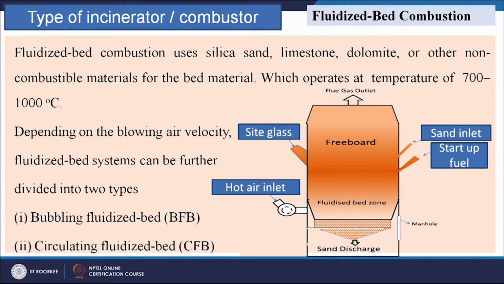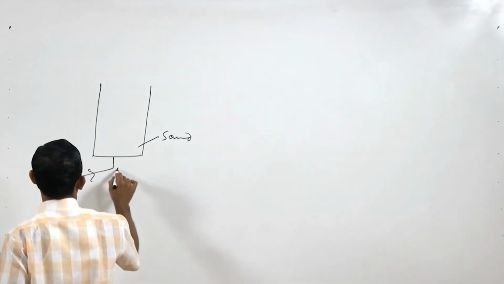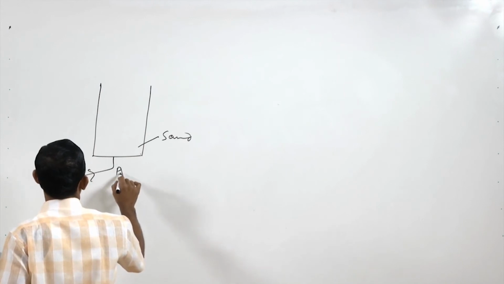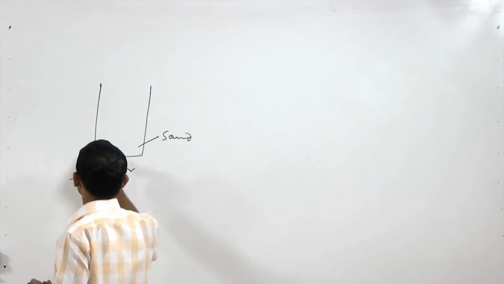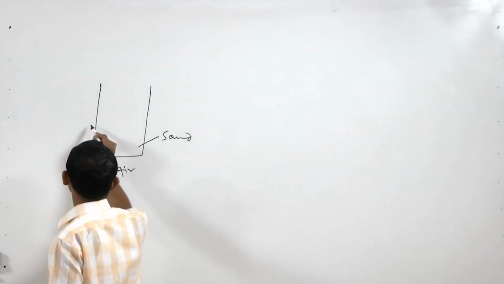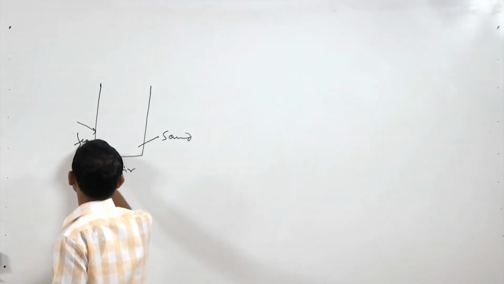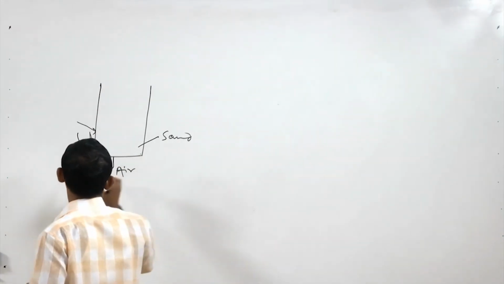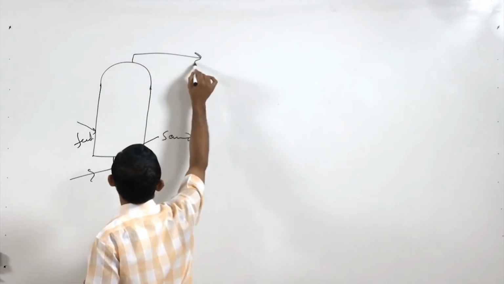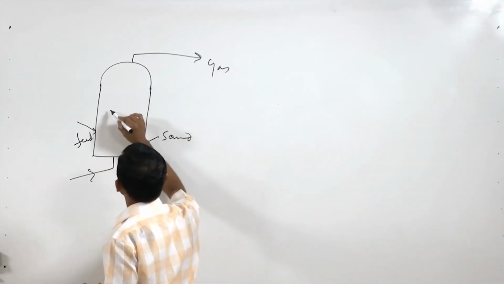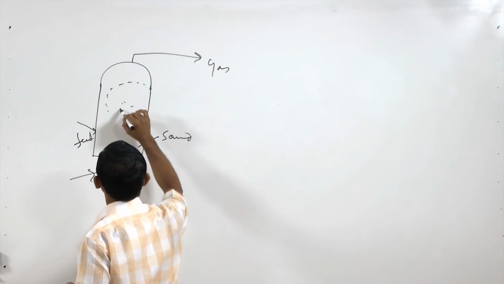See, in this case we need to put some sand, we have air, we need some feed also, and sand. So, this is fluidized gas. So, particles are in a fluidized phase.